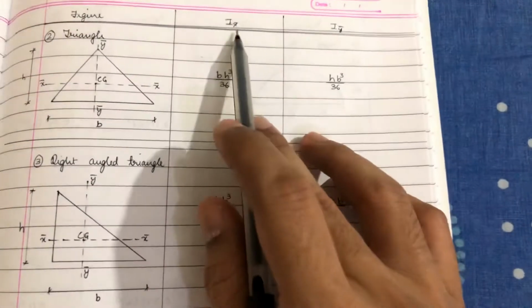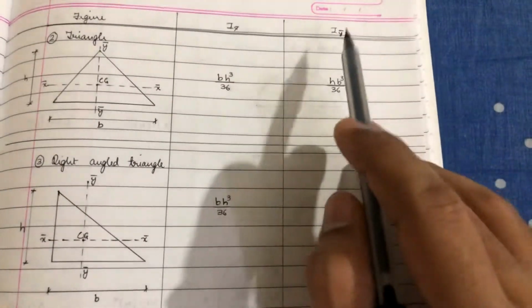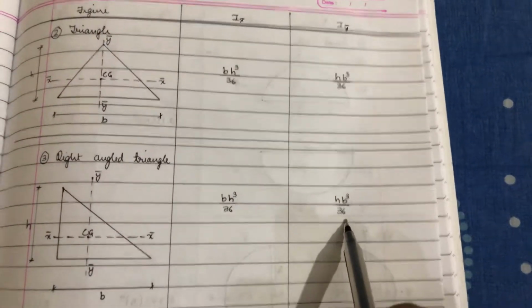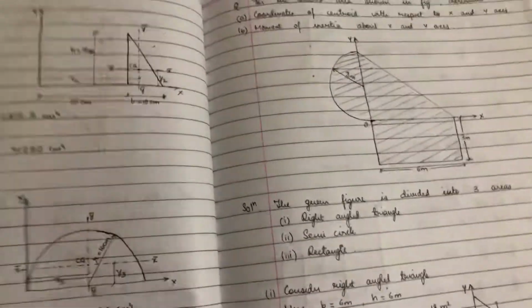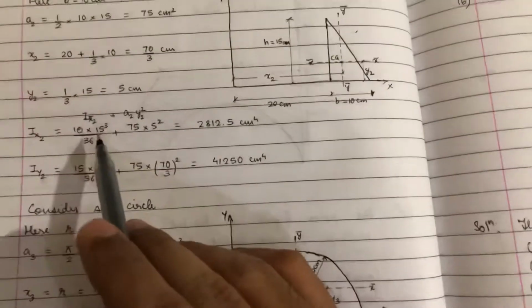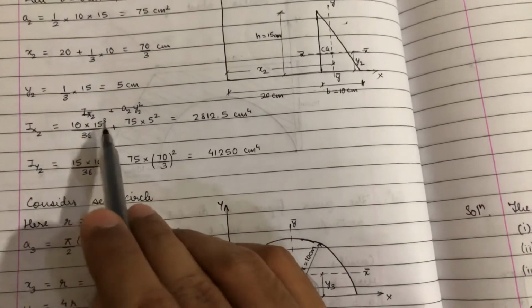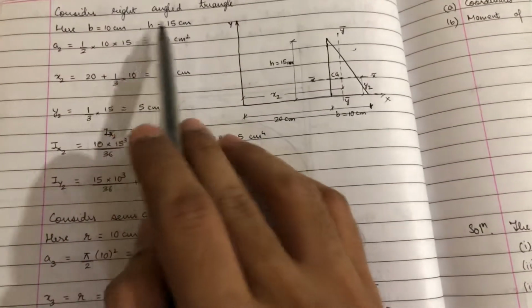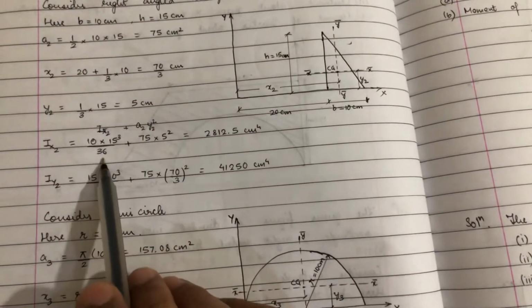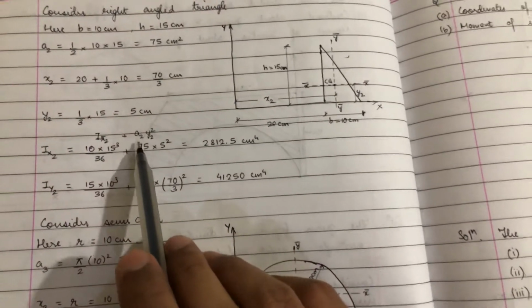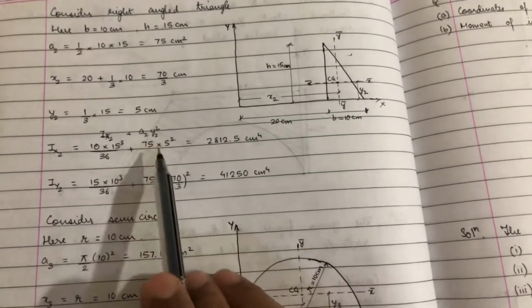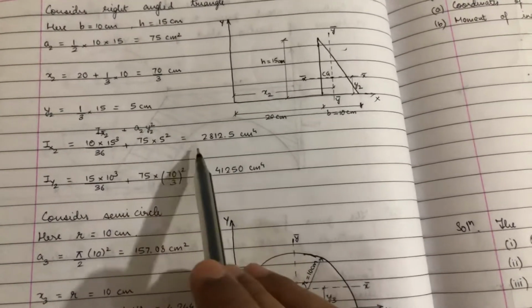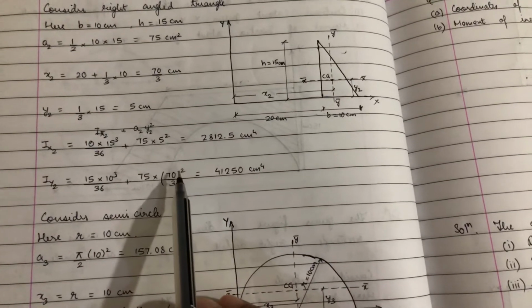You can see in this formula, for a right angle triangle, Ix bar is BH cube by 36 and Iy bar is HB cube by 36. Here B is 10, H is 15. So 10 into 15 cube by 36 plus A2 is 75 and y2 is 5. So 75 into 5 square. It comes out to 2812.5 centimeter to the power 4.